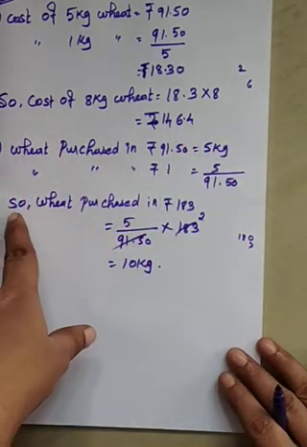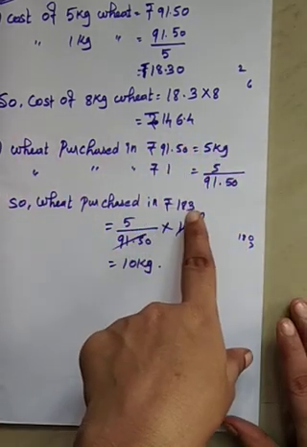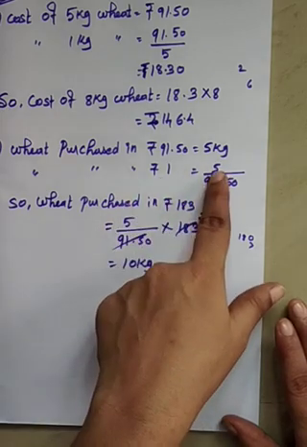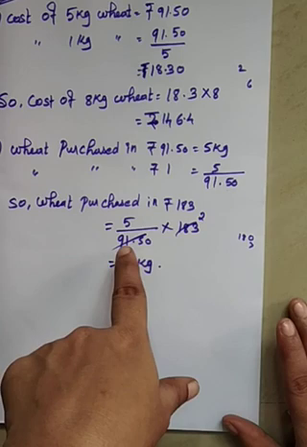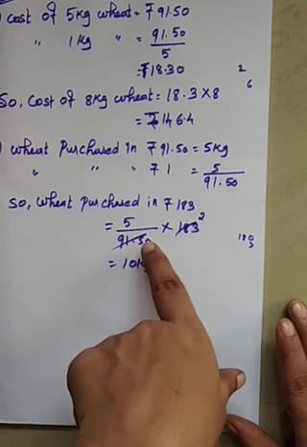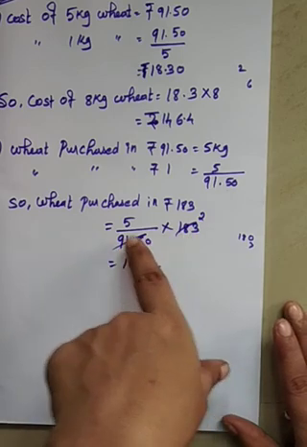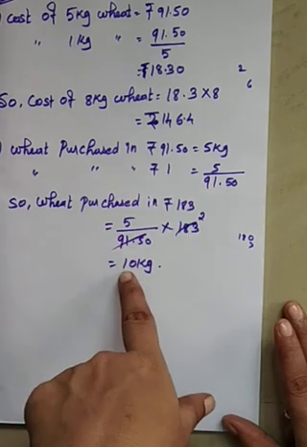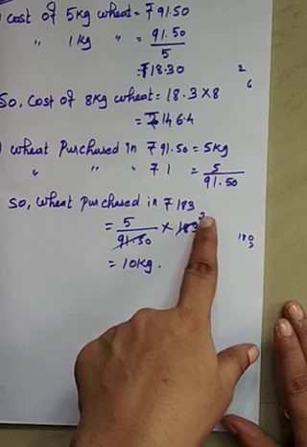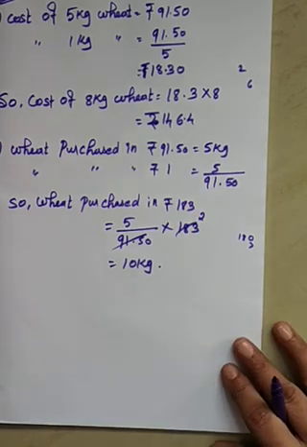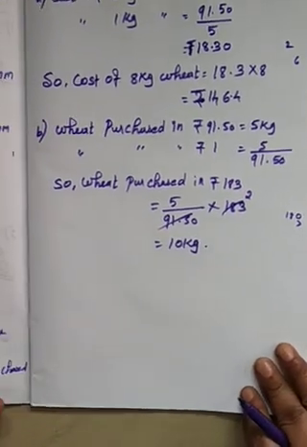So wheat purchased in 183 means 5 by 91.50 into 183. Now you do the simplification. This simplification is very easy. Okay, so simplifying in that one, you will get 10 kilogram. So wheat purchased in rupees 183 is 10 kilogram. Everybody clear? Okay.